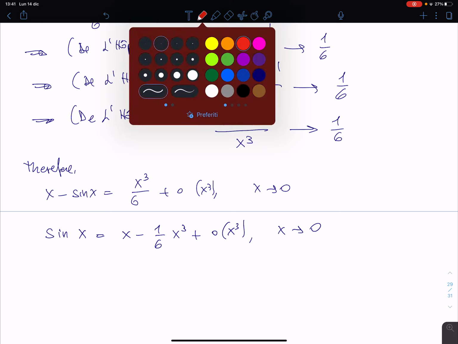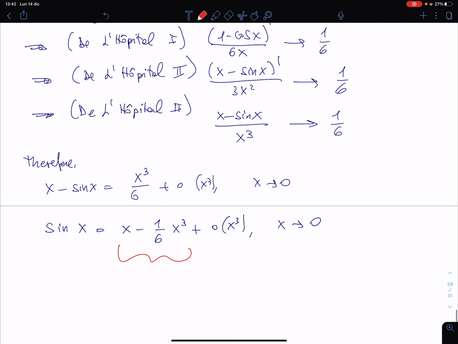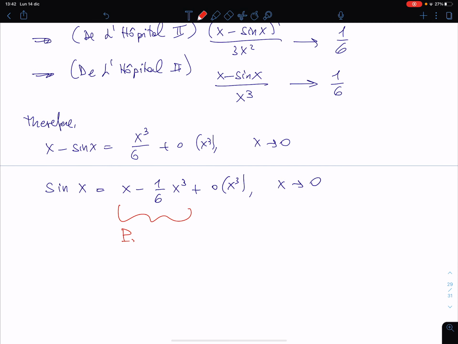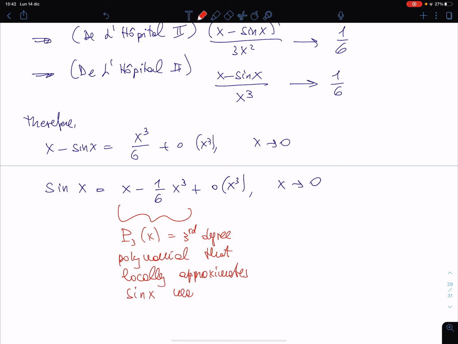And here we have a third order approximation. We call it P3 of x. This is a third degree polynomial that locally approximates sine of x near x equal to 0.